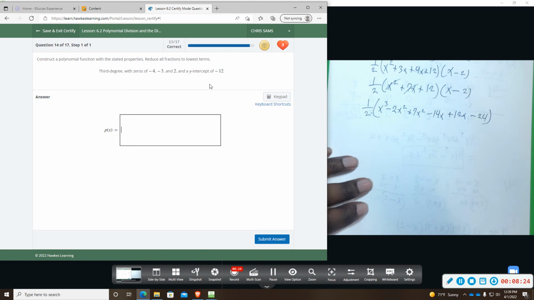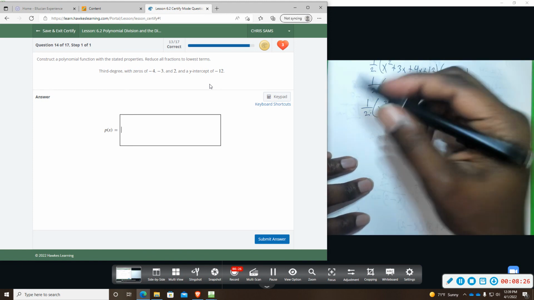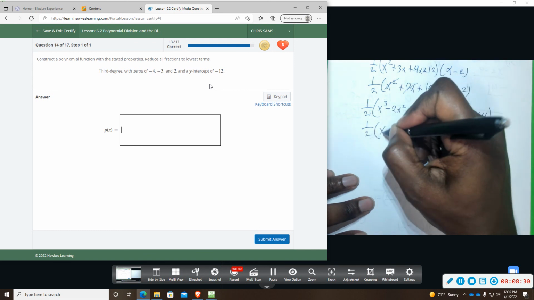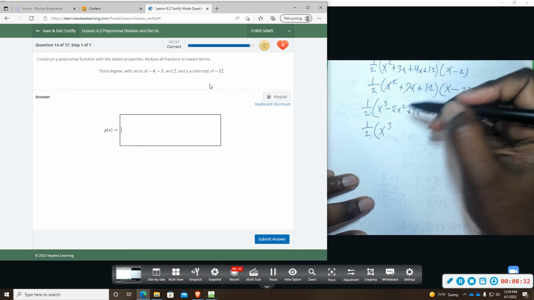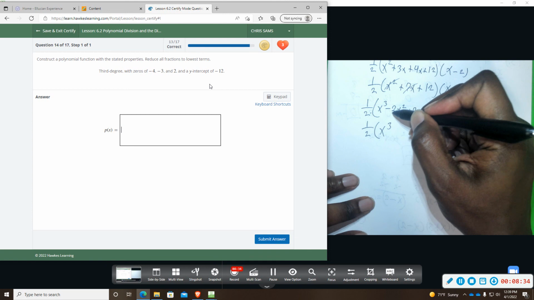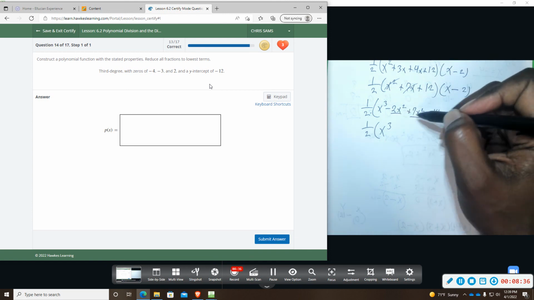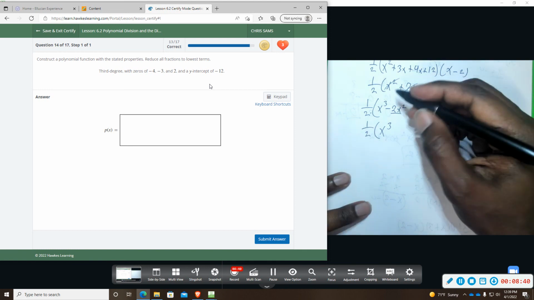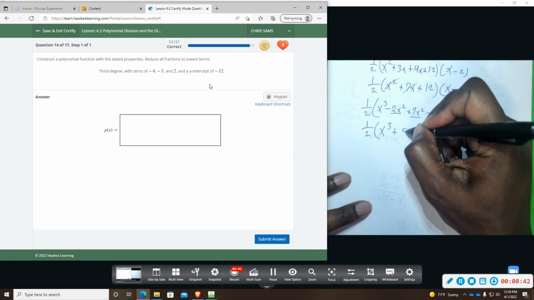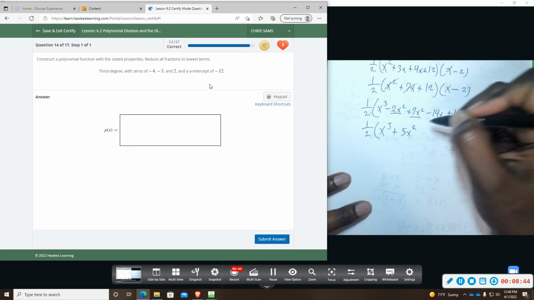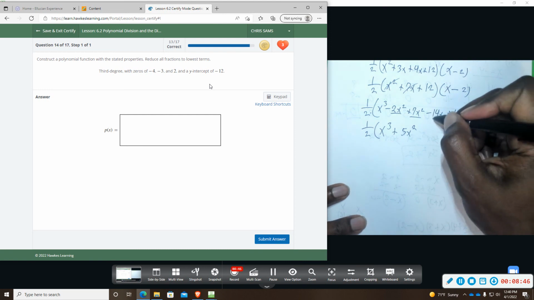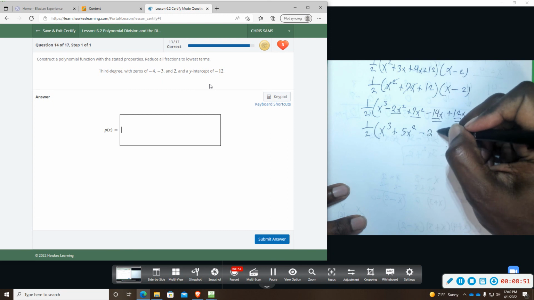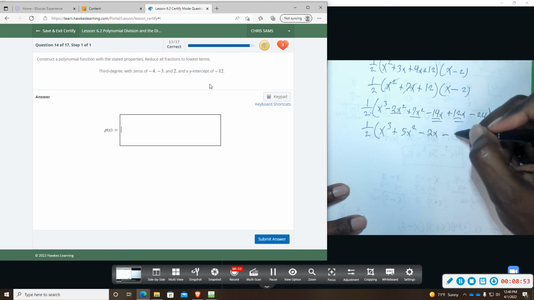All right, so now we're going to simplify like terms inside parentheses. x cubed, combine these x squared terms. One is negative, one is positive. So we have to subtract, and that will give us a positive 5x squared. Combine these two guys, they're like terms, and that will give you a negative 2x, and then minus 24.